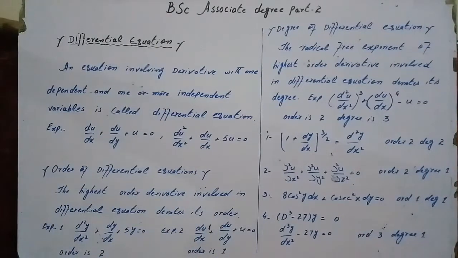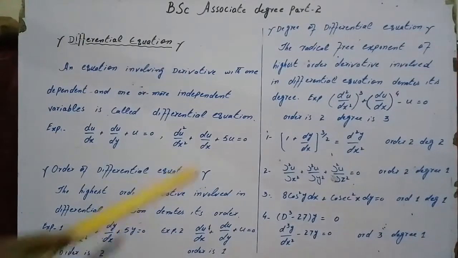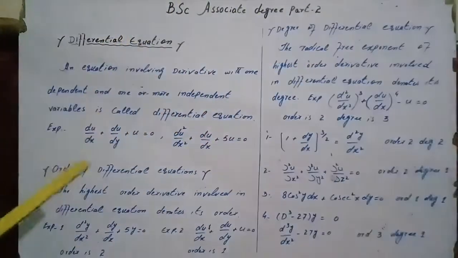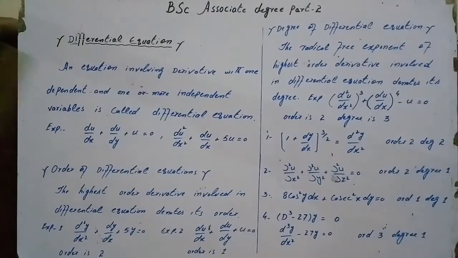Now the degree of differential equation: the radical free exponent of highest order derivative involved in the differential equation. Radical free exponent means the exponent should be a whole number, it should not be a fraction, and it should not have a negative sign.